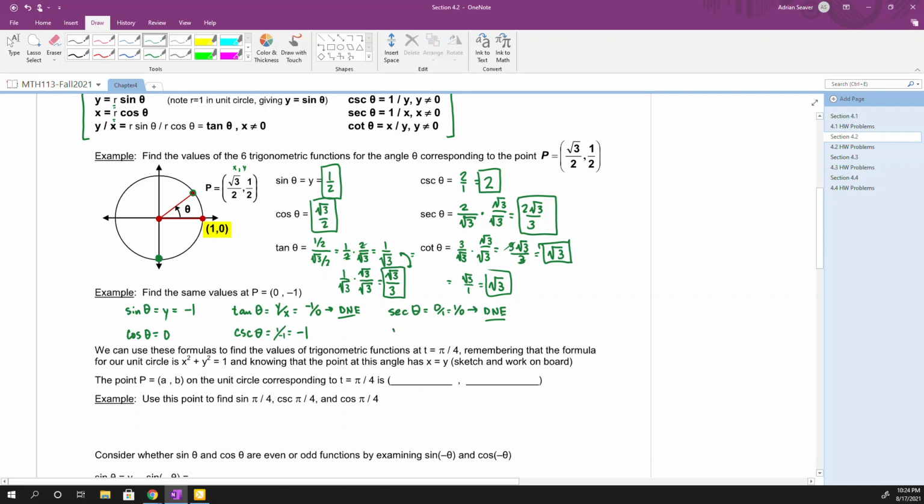What about the cotangent of theta? Well, if this is the tangent, and I take that -1 over 0 and I flip it, I get 0 over -1. Well, that does exist, right? Because 0 divided by -1 is just 0.